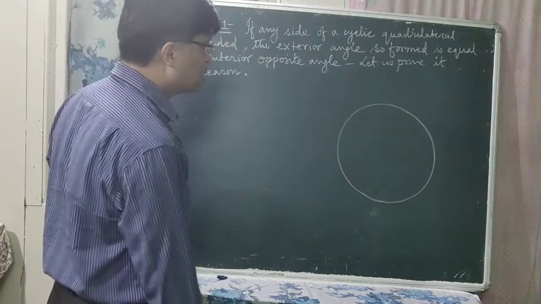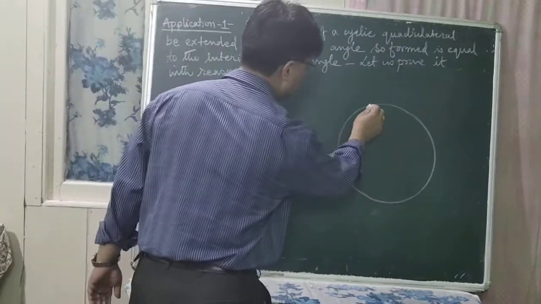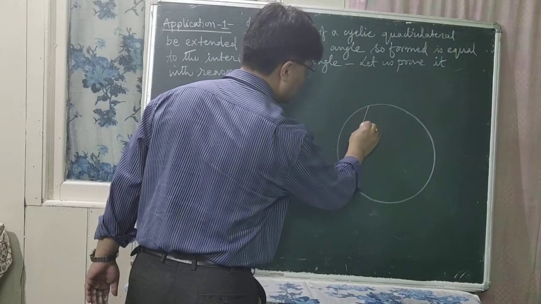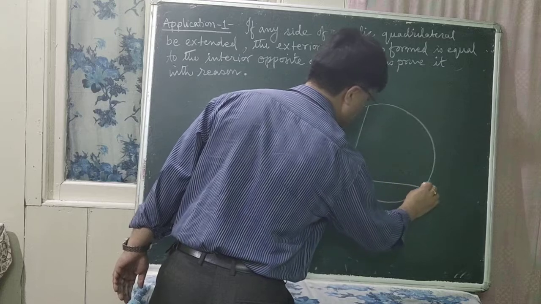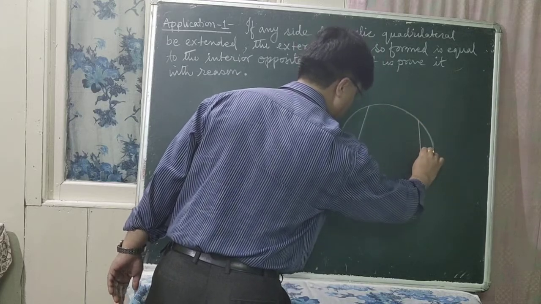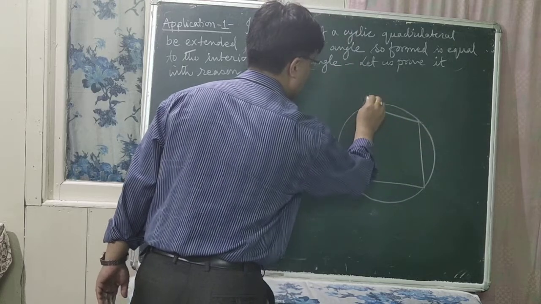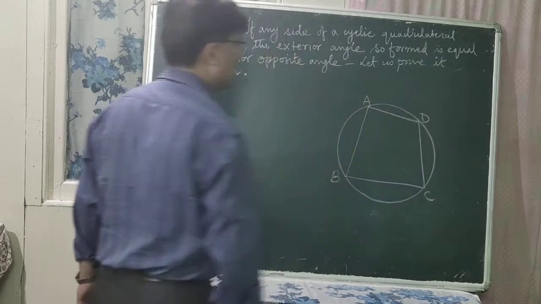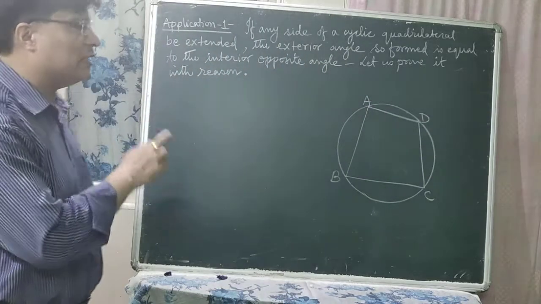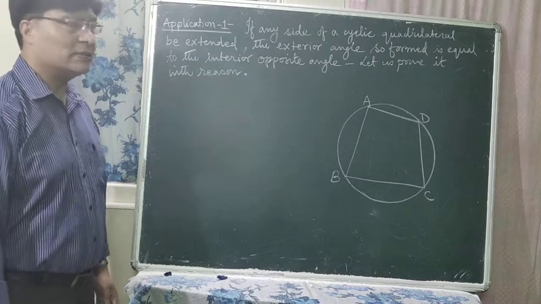So now let us draw the quadrilateral inside this circle. So A, B, C, D. That is, the quadrilateral ABCD is inscribed in a circle, right?